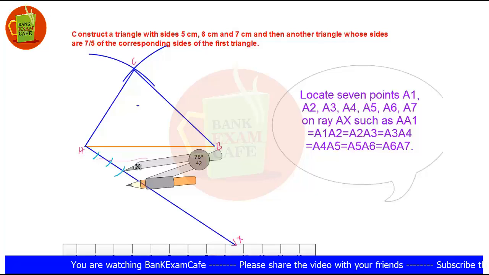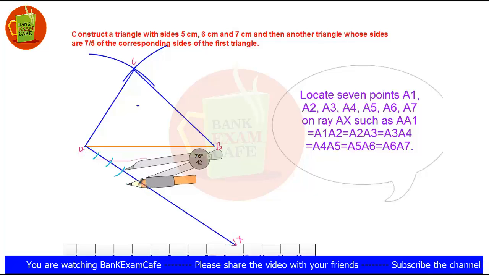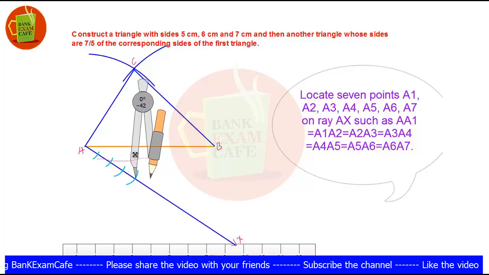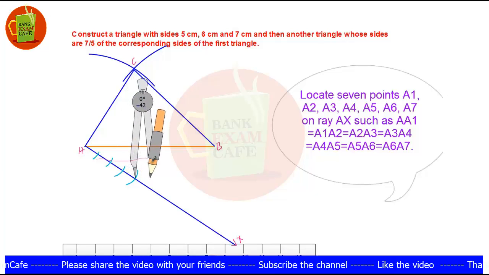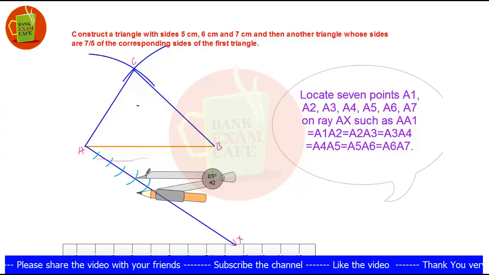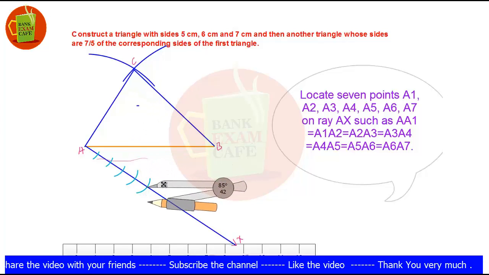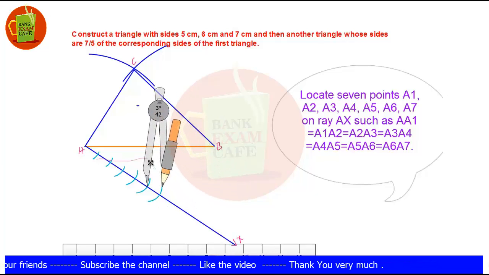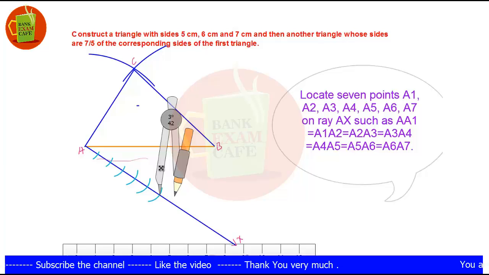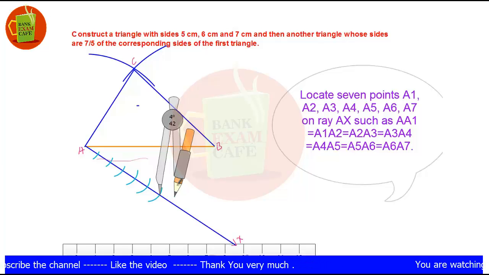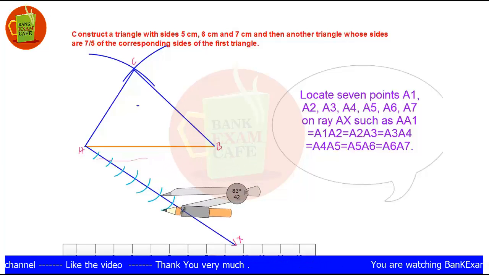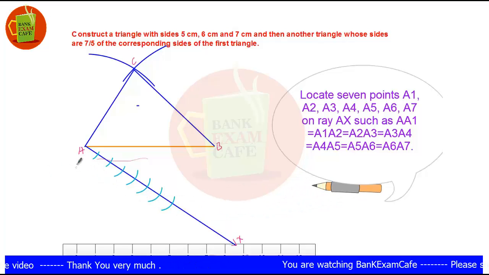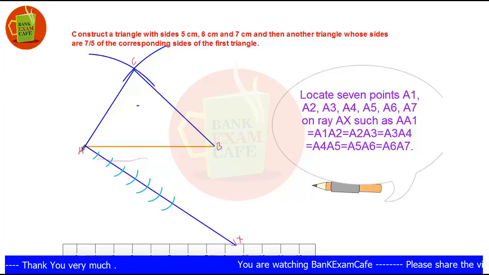Now taking A3 as a center, draw the fourth arc, then taking A4 as the center, draw fifth arc, then taking A5 as the center, draw sixth arc, and then the seventh arc. So here these are the 7 arcs at the equal distances from vertex A.